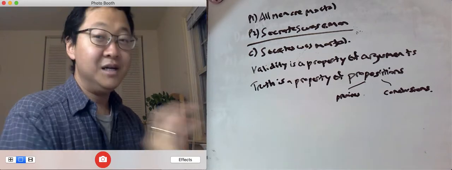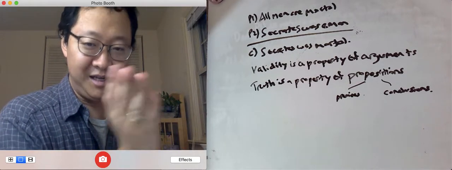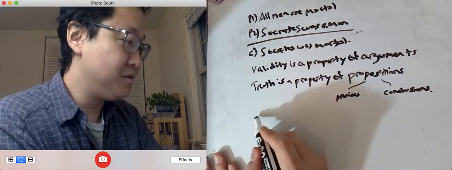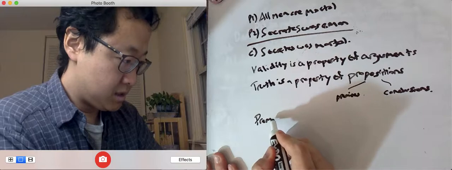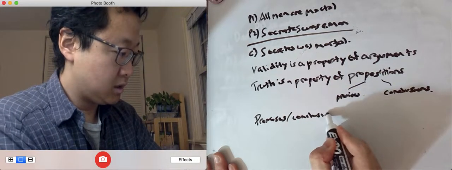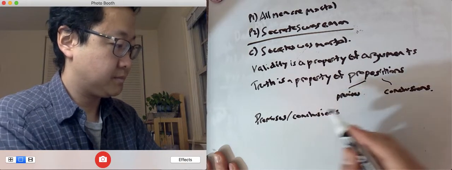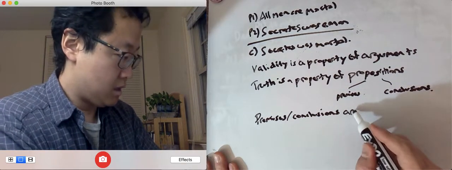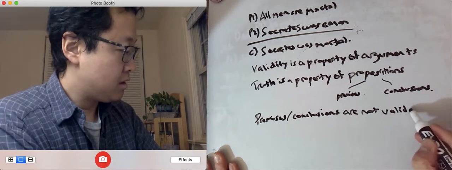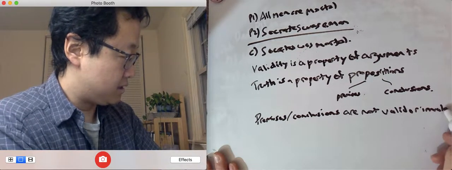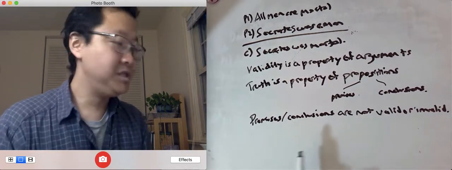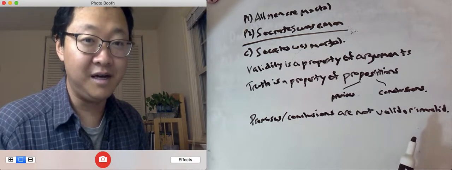Okay. Some students will say something, and here's the opposite of it, and I'll tell you what the students say. So here's the thing you should know. Premises and conclusions are not valid or invalid.